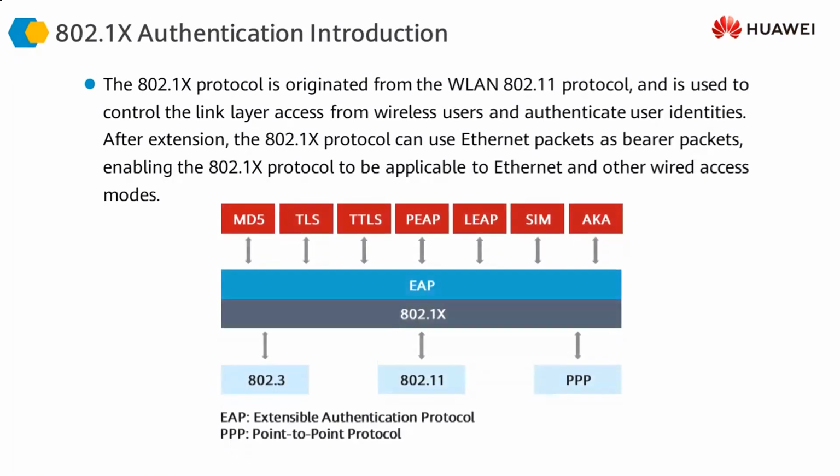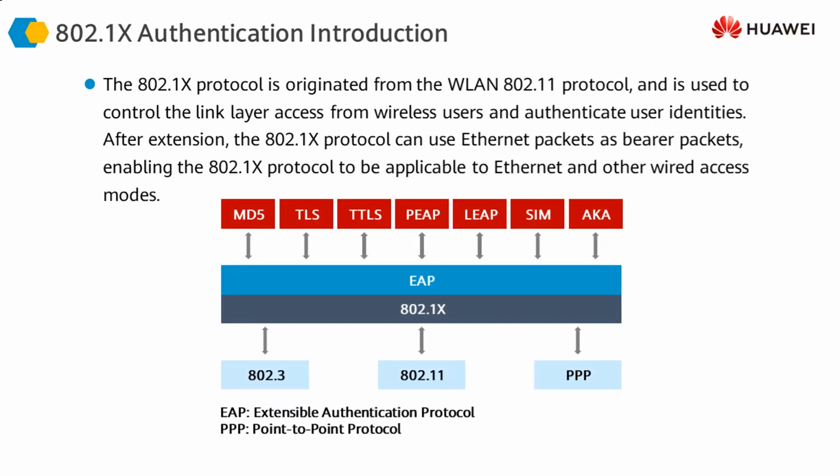Okay, the 802.1x authentication concept was initially developed for wireless LANs or WLANs. However, nowadays it is being used for wireless as well as for different types of wired connections, for example Ethernet or PPP connections.